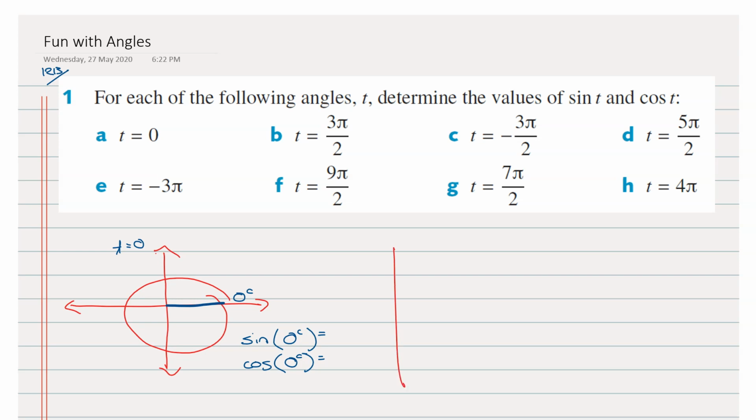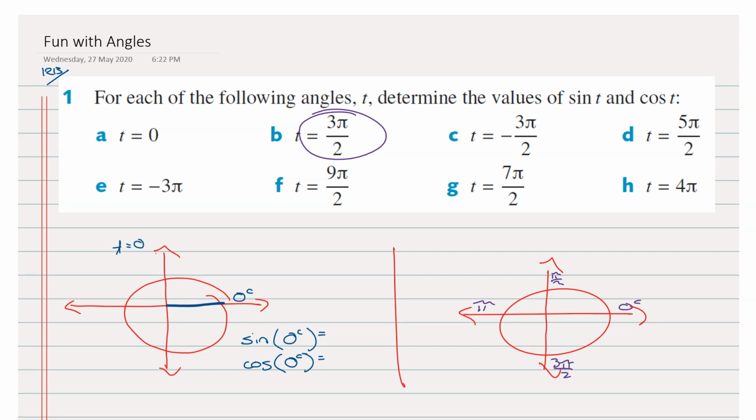Now the next one, let's pick a trickier one. Let's go with 3 pi on 2. If pi on 2 is up here, pi is over here, 3 pi on 2 is over here, and 0 and 2 pi is there.